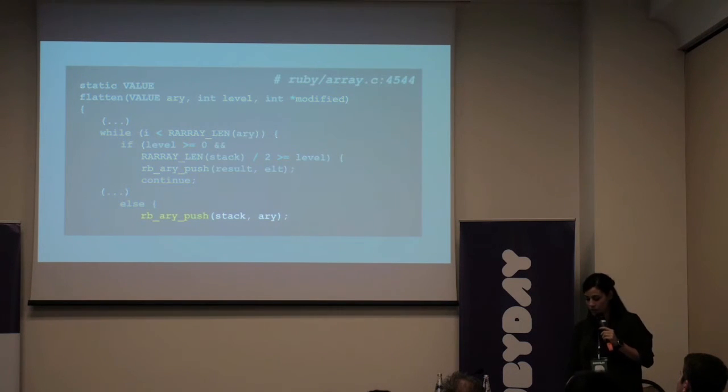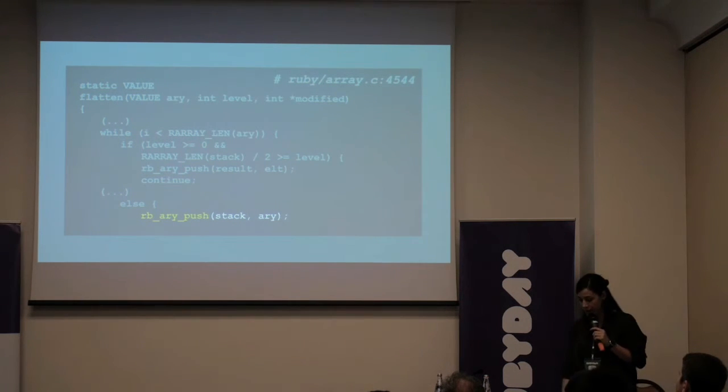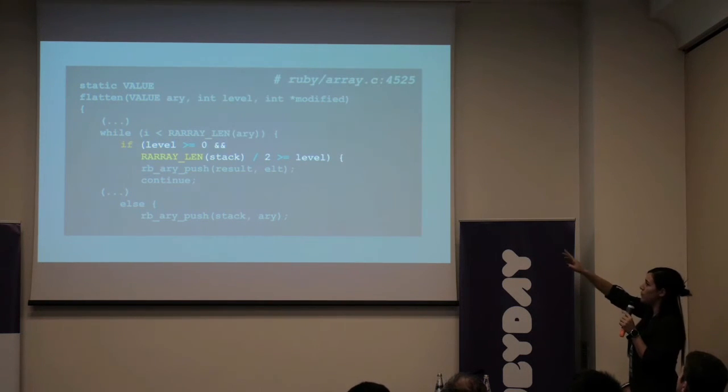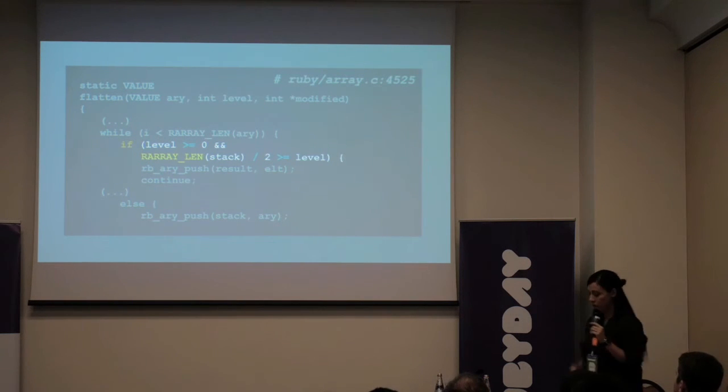One thing to note here is we have this array push, and as we're iterating through the array, we're pushing into the stack that we've created. The next point is that we have a guard at the top of the while loop, and when this conditional is met, we're pushing into the result array.